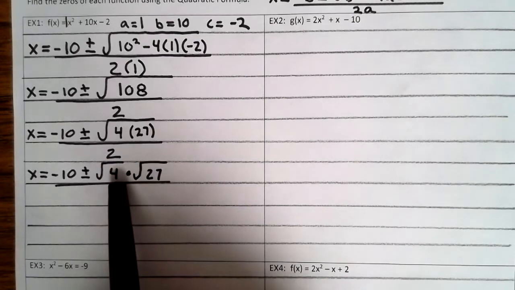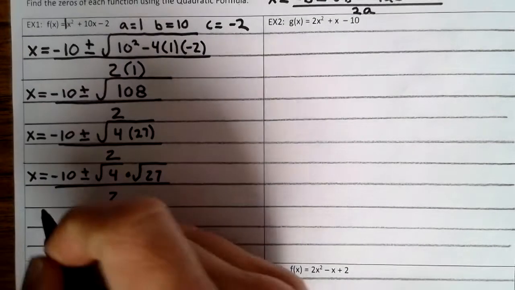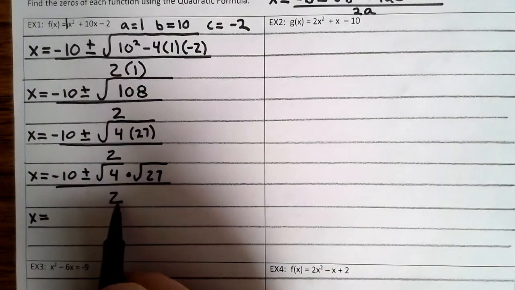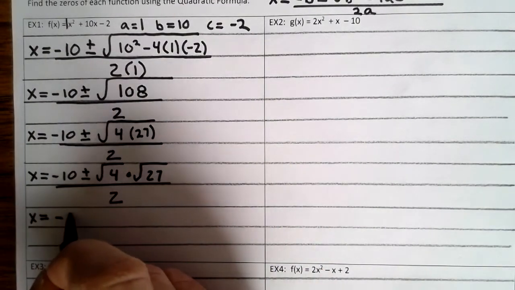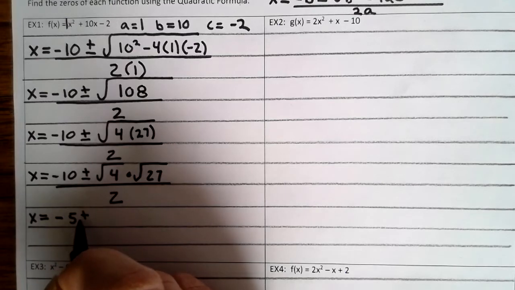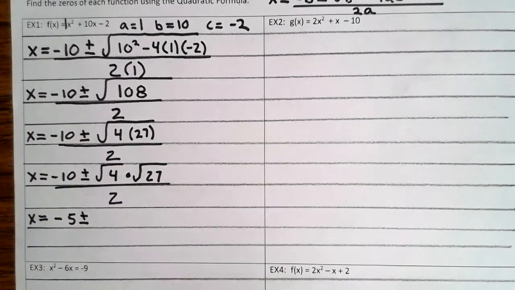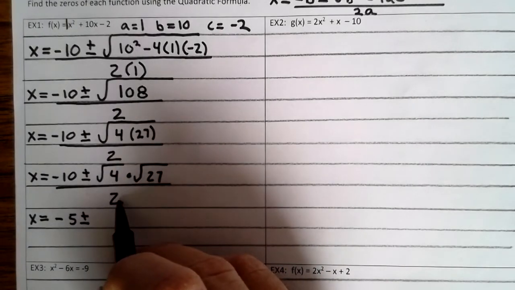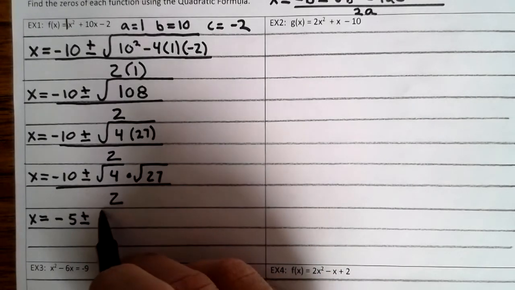So we have x equals, well, negative 10 divided by 2 is negative 5, plus or minus the square root of 4, which is 2. 2 divided by 2 is 1. So this is 1 times the square root of 27.